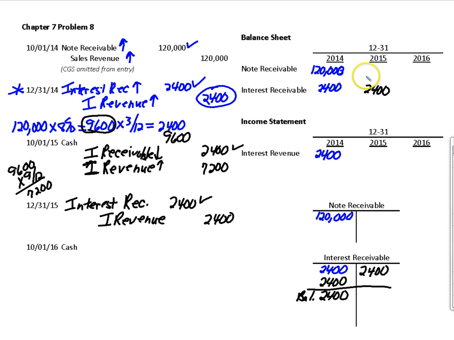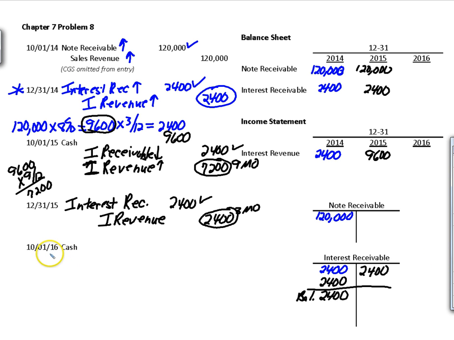Nothing happens to notes receivable, right? We didn't make any entries, so that stays at $120,000. Then interest revenue, we have 9 months that we recorded on October 1, and then the other 3 months that we recorded December 31st. So we add those together, and we'll get $9,600 as the total balance in interest revenue at that time.